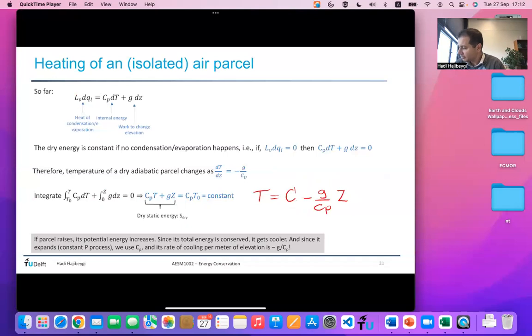So then instead of writing it as C1 or constant, I write T0. So from any temperature T0, I start, and with the slope of G over Cp, I decrease my temperature as I climb upstairs. And if I go 1,000 meters up with gravity around 10 and Cp around 1,000, you can estimate how much my temperature will be lower now.